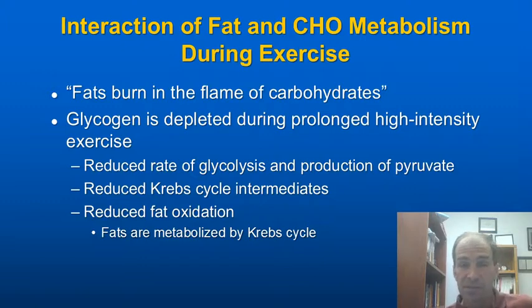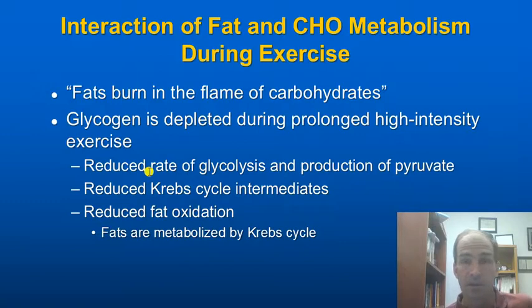So we often say that even in burning fats, you still need carbohydrate to initiate this process. Your book uses the term fats burn in the flame of carbohydrates. It's kind of a corny term, I guess. But the idea is that you do need carbohydrate present to utilize fats ultimately to form ATP.